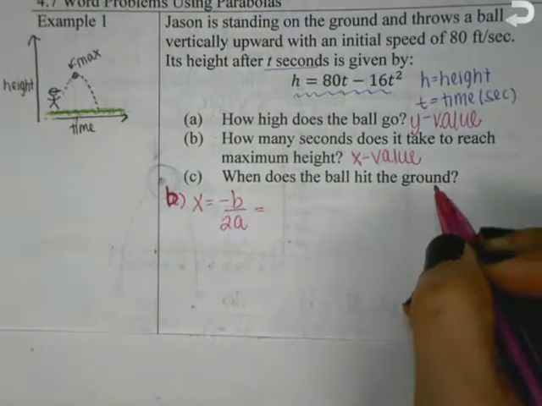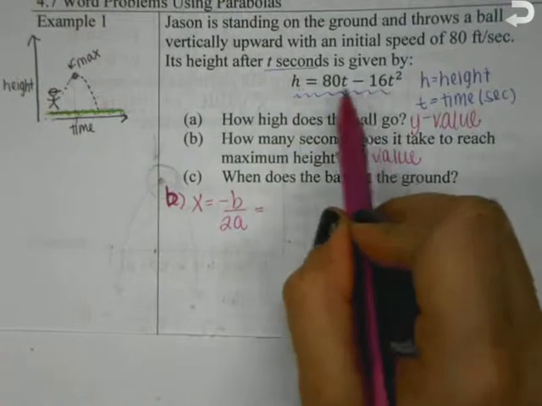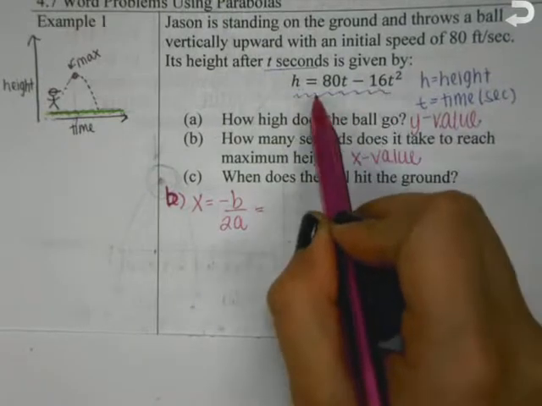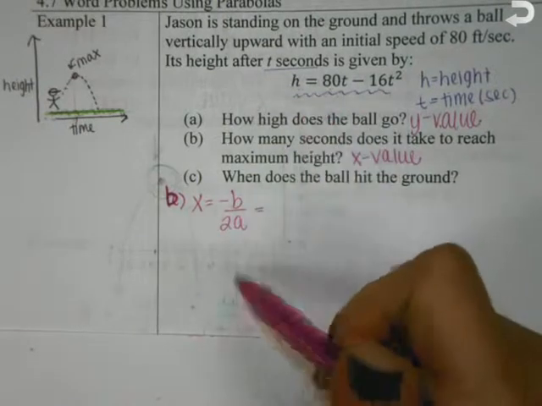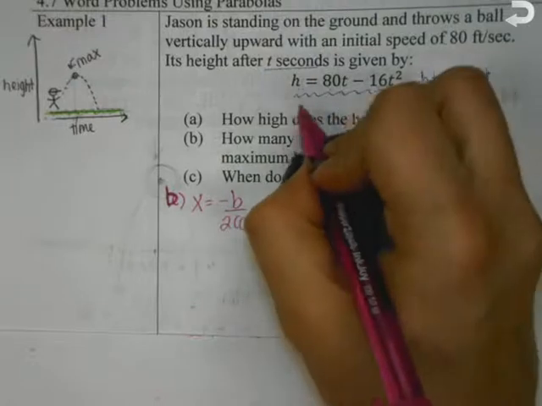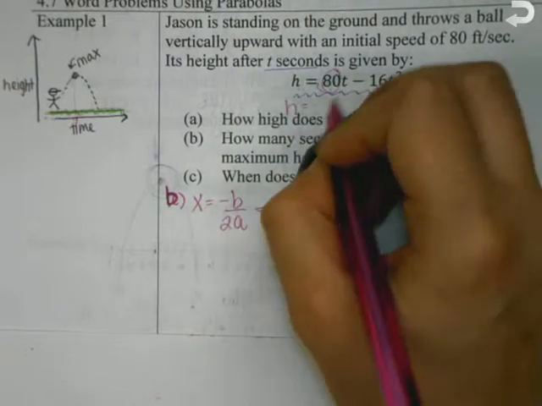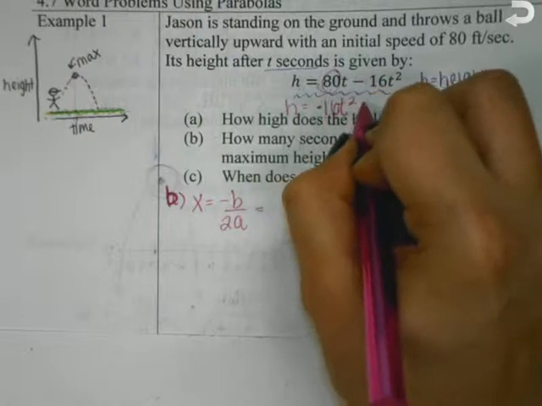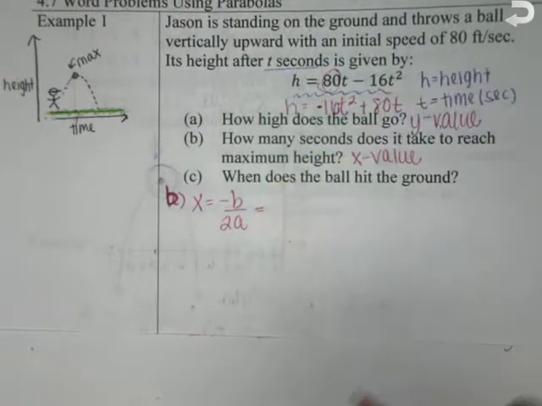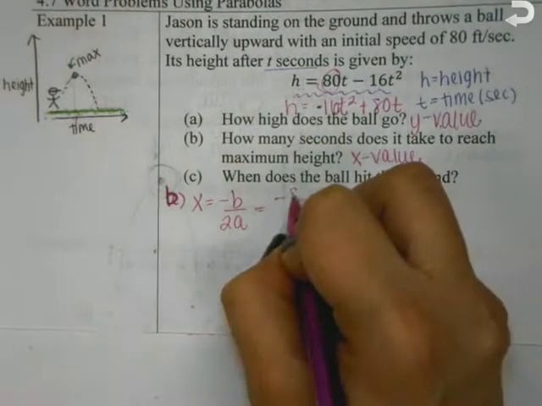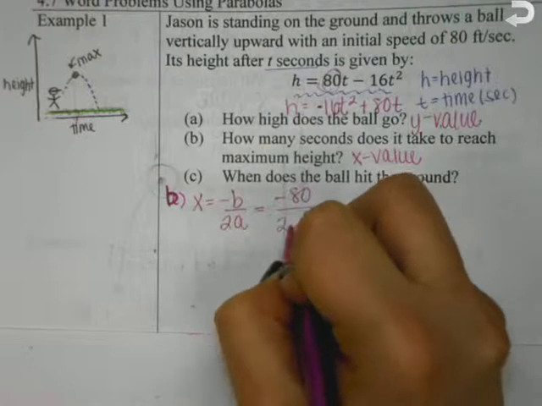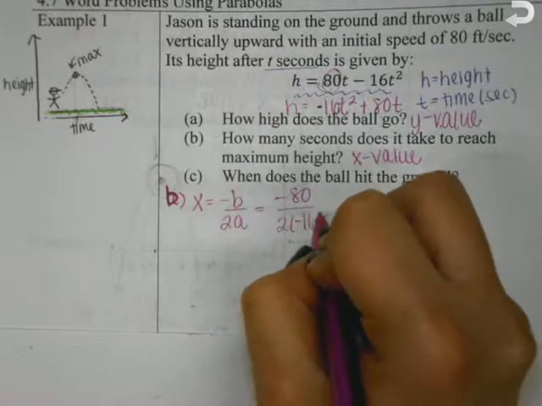Negative 16 or 80? It's actually 80, because in this version, they put the squares last. So it's actually going to be negative 80 over 2 times negative 16. I know, it's confusing. Wait, wouldn't it be negative 16?